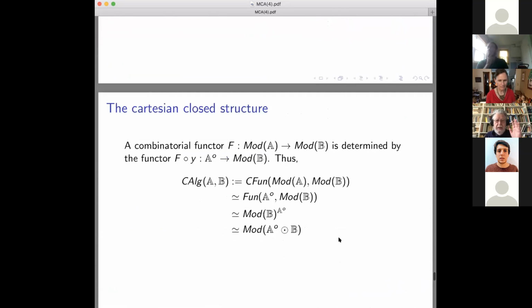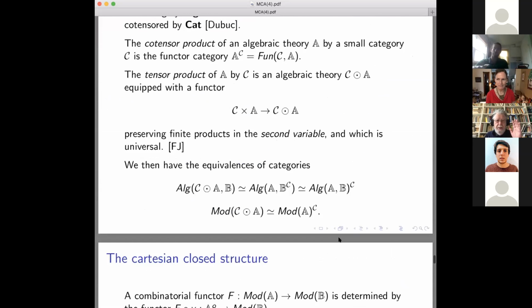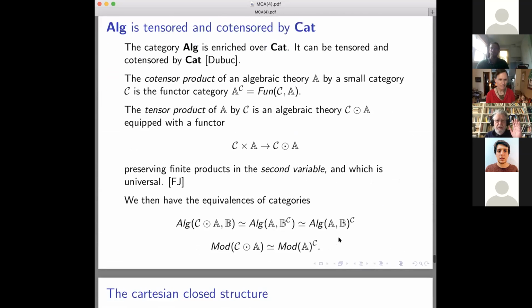So if I go back to the definition of this tensor product with a circle dot, you see that it is equipped with a functor preserving finite product in the second variable, and which is universal.